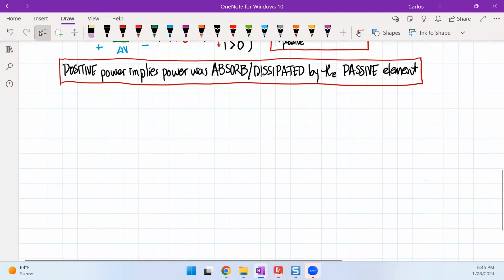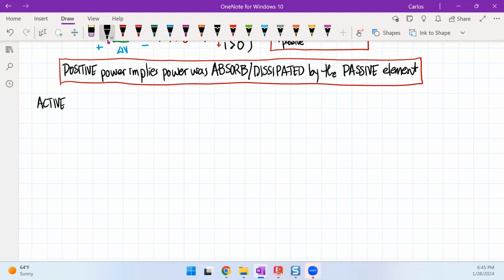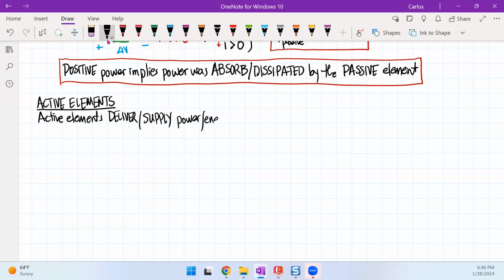So now let's go to active elements. Active elements deliver/supply power energy into the circuit.